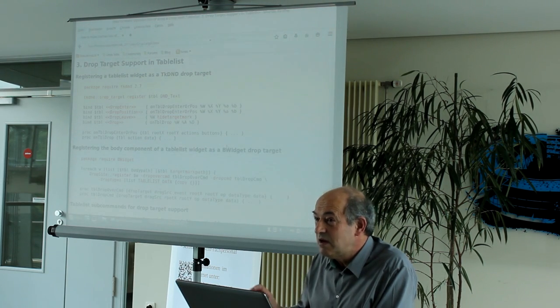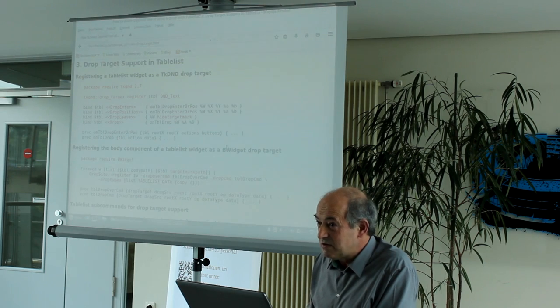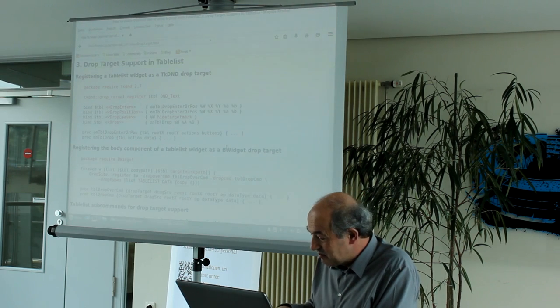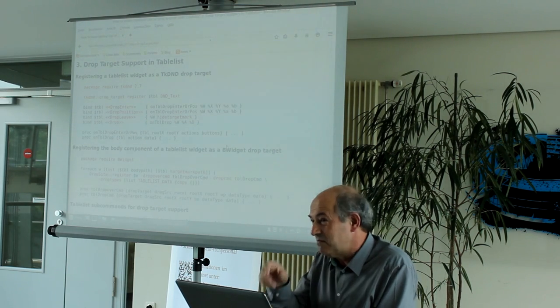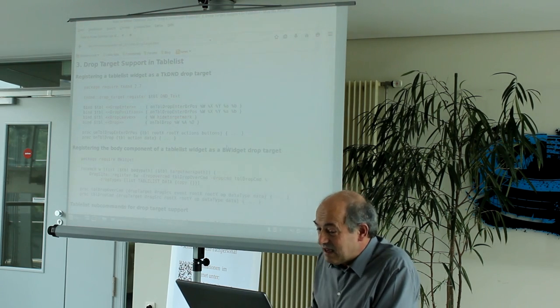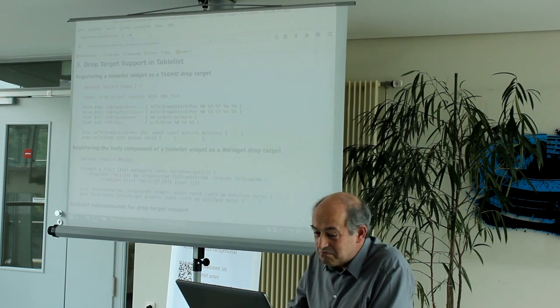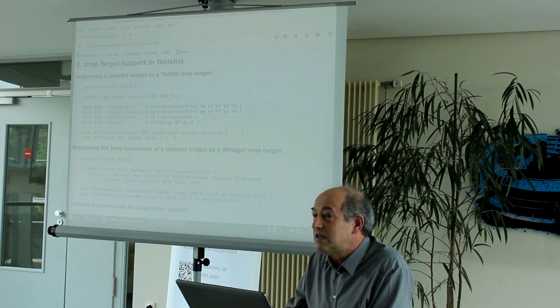That is a small, sometimes important difference, because you see in the body of the tablelist you might have images, you might have embedded windows, you might have all kinds of other things. So it is better if the whole tablelist widget can be registered as a drop target, but this is only supported by TkDND.